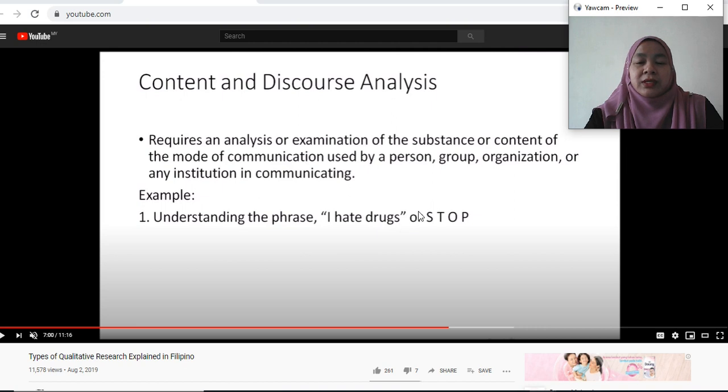For example, you want to understand the phrase "I hate drugs," so you do a study in depth. You do document analysis. What is meant by these words? That is content analysis. This is all by document. You read literature, you look at other people's works, and then you make a conclusion based on that. That's what is meant by content analysis.